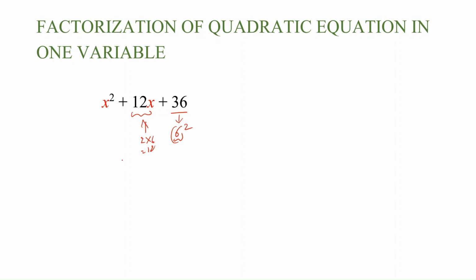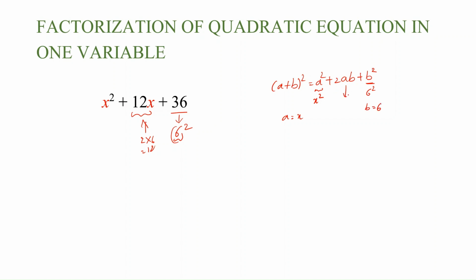In that case, we can directly use the algebraic identity a plus b whole squared is equal to a squared plus 2ab plus b squared. Here in place of a squared, we have x squared, so a is equal to x. In place of b squared, we have 6 squared, so b is 6.